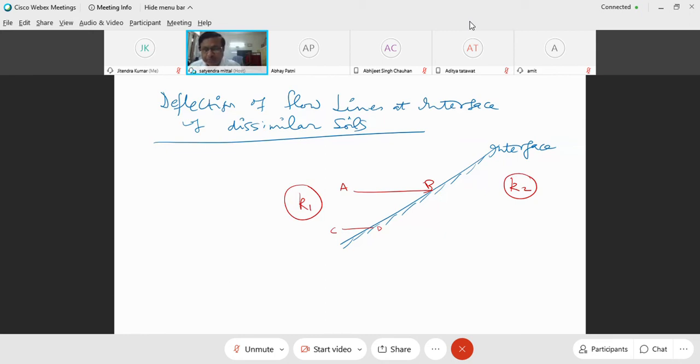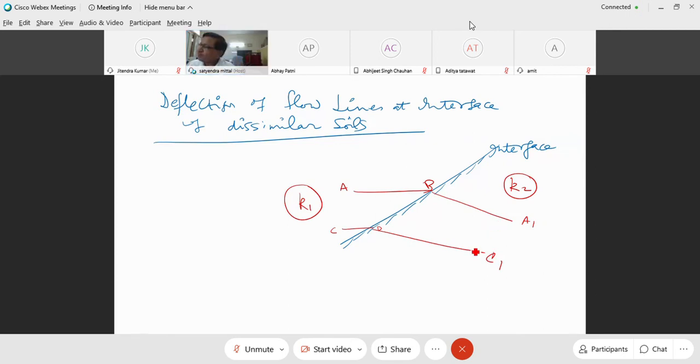Now, in the previous discussion just now, we have seen that the flow net shape will be different because of the different permeability. So let us say these lines deflect to this condition. Say it is A1 and it is C1. So CD has now become DC1, AB has become BA1.